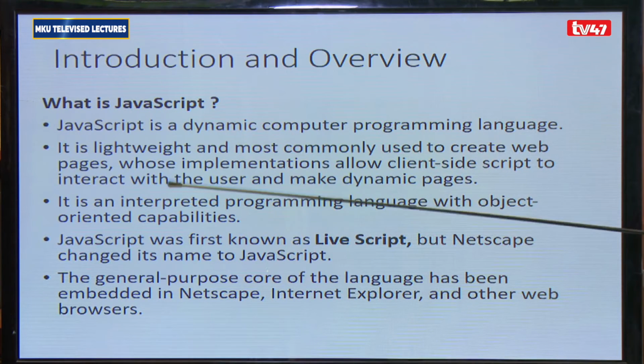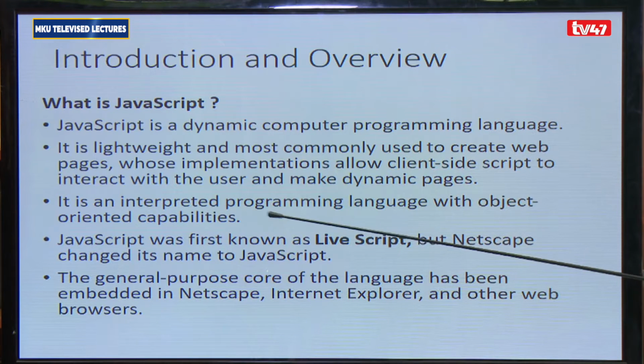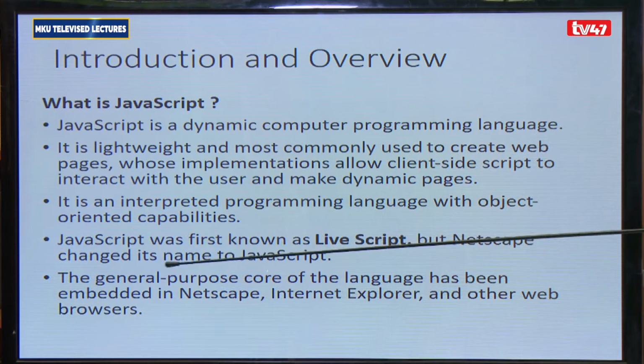Now, JavaScript is an interpreted language with object-oriented capabilities. Then JavaScript was first known as LiveScript, but Netscape later changed its name to JavaScript.